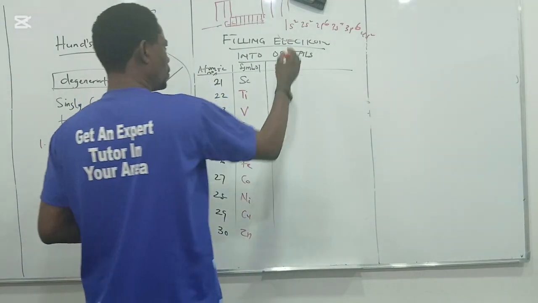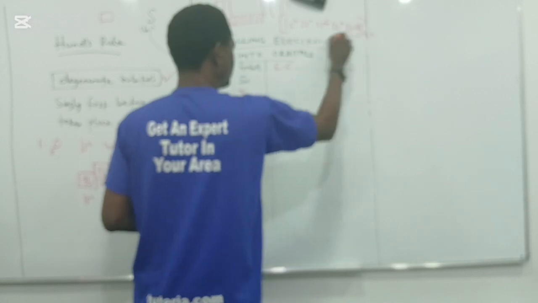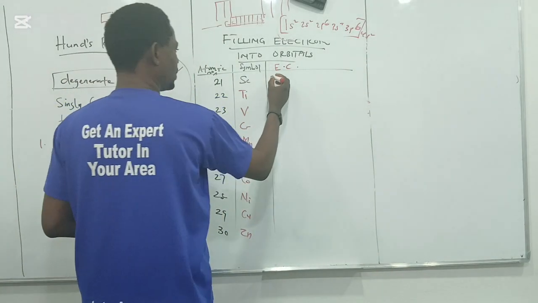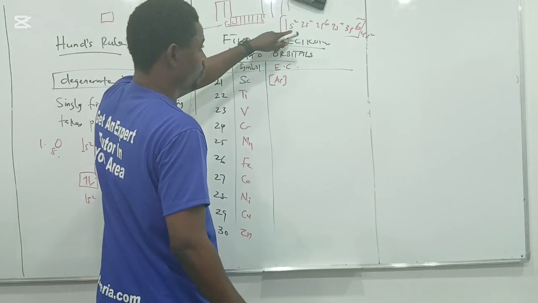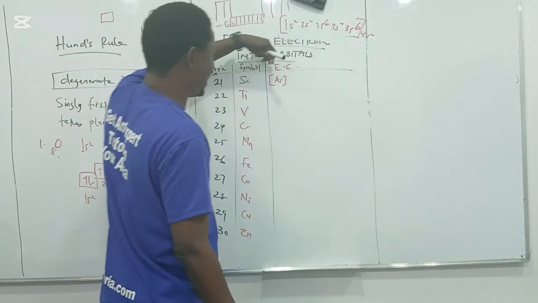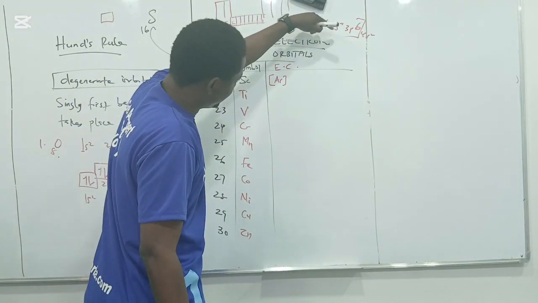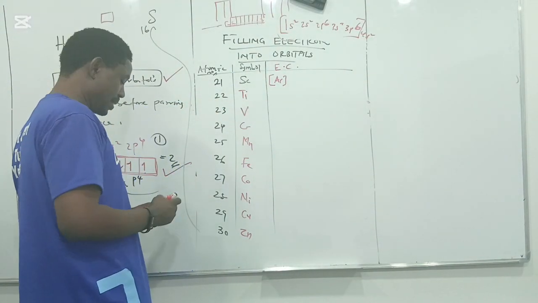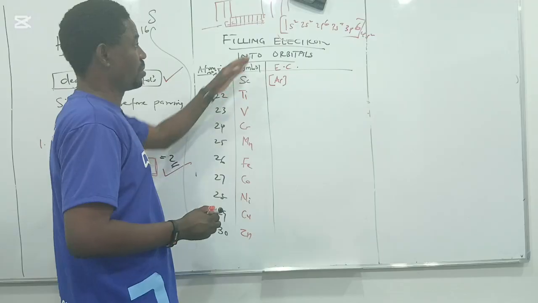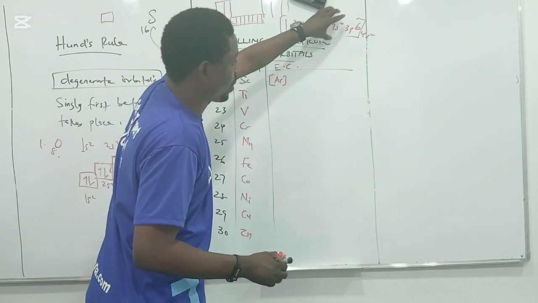So let's take it like this. That is argon. We can put argon here. That argon represents 1s2, 2s2, 2p6, 3s2, 3p6. I didn't want to keep writing this, and that's why I represent it as argon. In case you write in the exam, they say write the orbital electron for scandium, just write the full stuff. This is for calcium, though.